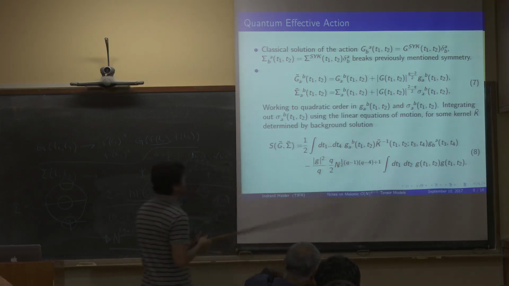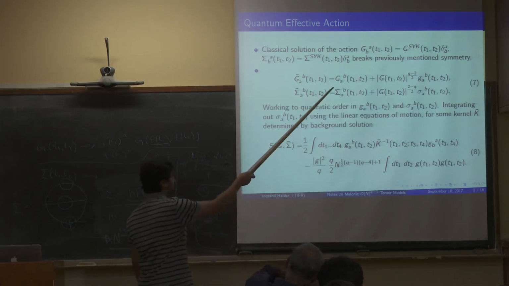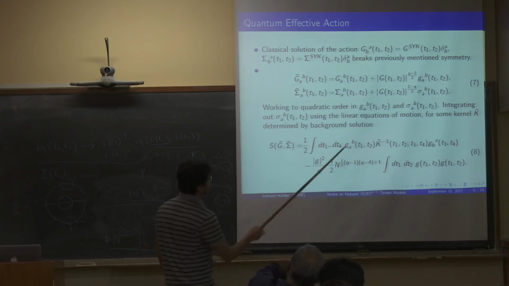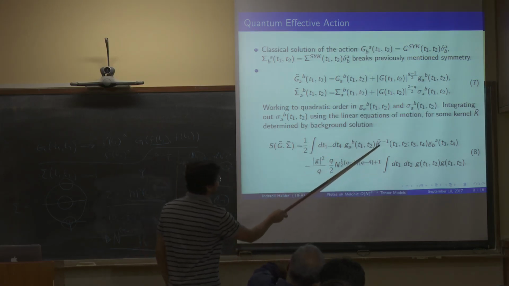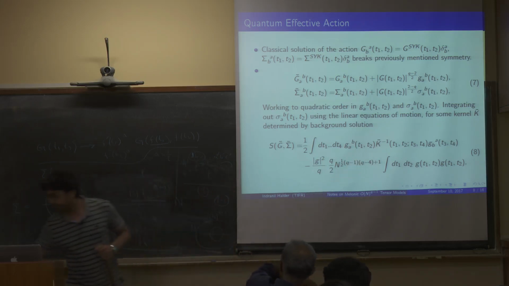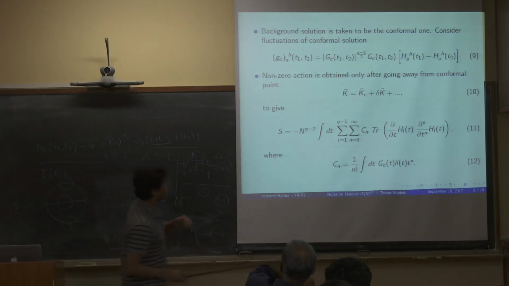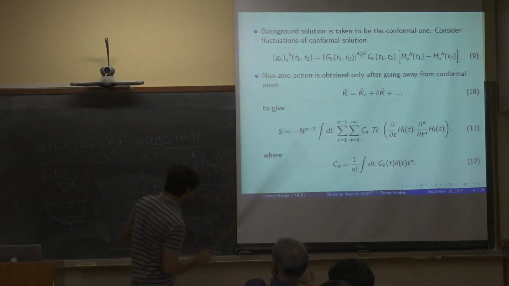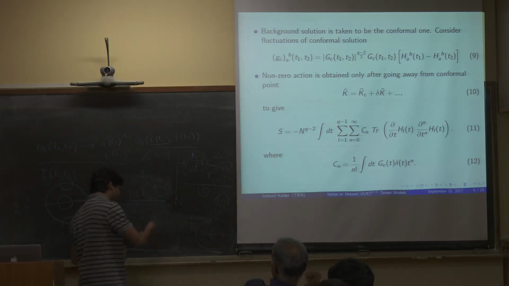Then if you take this background solution to be the J equal to infinity solution, which is a conformal solution, and plug that back in, this becomes conformal. Then consider a particular class of fluctuations which are the rotations of the conformal solution.